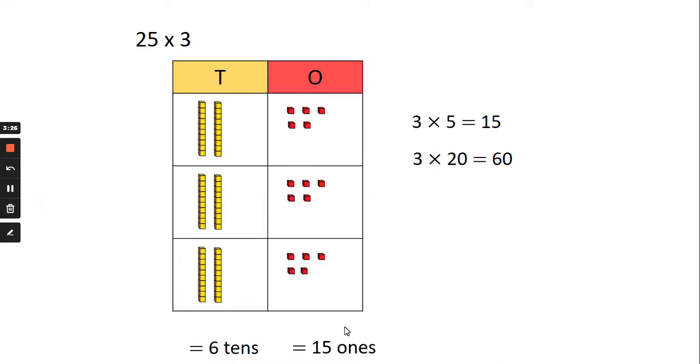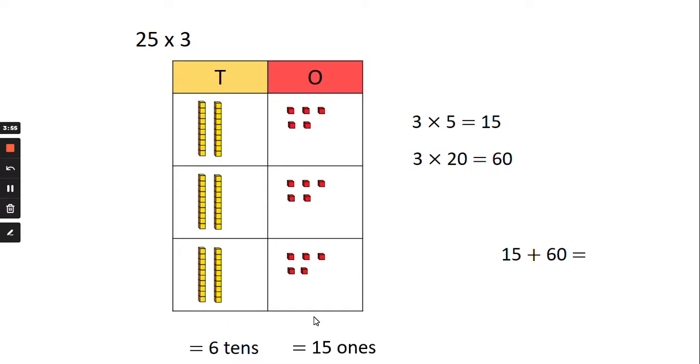Now remember I said it was very important that we only have one number per square. If I was to write the total of the ones column into my short multiplication, I wouldn't have room to write 15 ones. So we need to do an exchange. We are going to move 10 of our ones into the tens column.